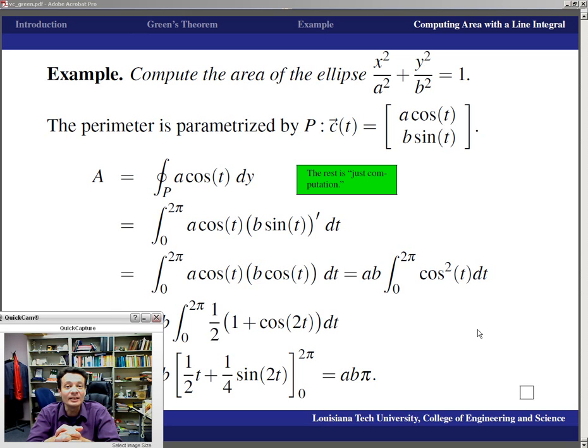And as a sideline, we've got a really neat little application, which is that we can compute areas with line integrals, which feels like a paradox, but as we can see here with the area of an ellipse, it works rather well. All right, hit some homework problems on Green's theorem to make sure you're on top of this one also. And other than that, congratulations.